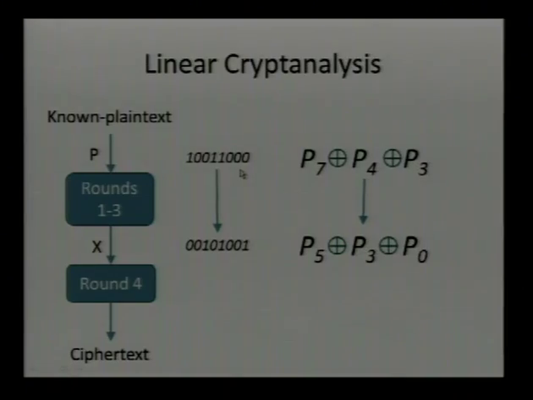So if we have a linear characteristic like the one in the middle with this binary here, what that means is that if we send a plain text in and bits 7, 4, and 3 XOR together to get some 1-bit result, it means that the output, if you XOR bits 5, 3, and 0, they're going to be the same or they're going to be different.